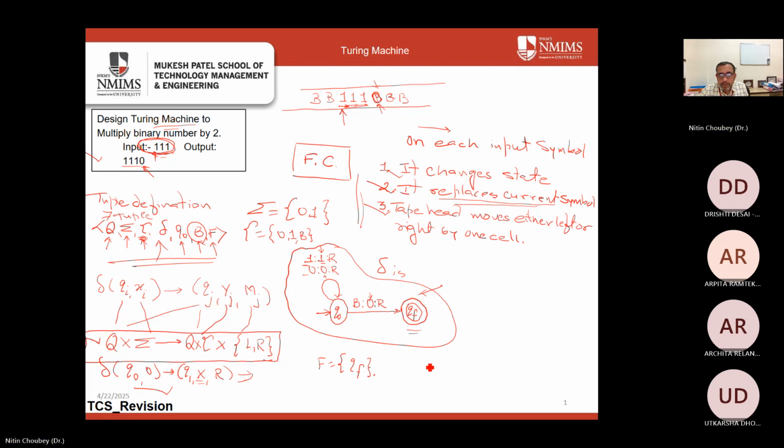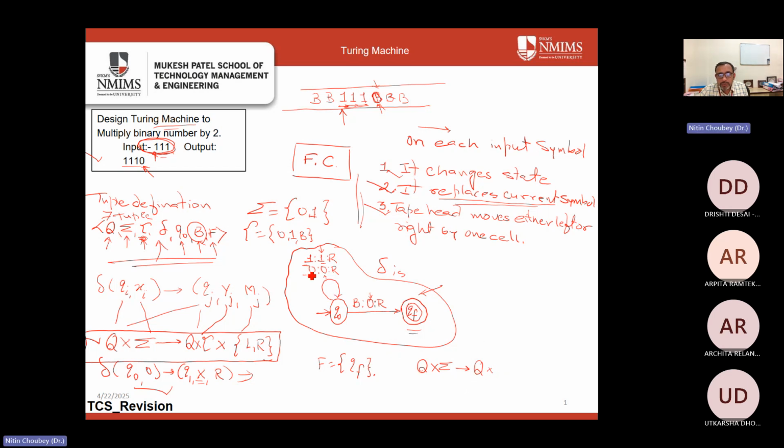If you see, from an initial state which belongs to capital Q, on the input which is from sigma, what we get is a next state as a resultant, which is also from capital Q, because it is part of Q cross.